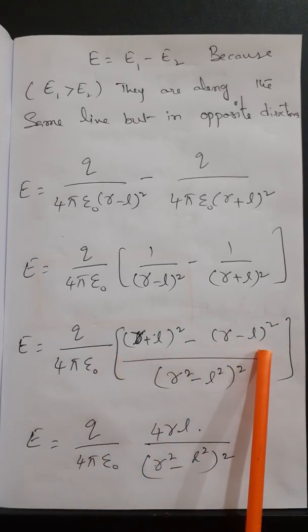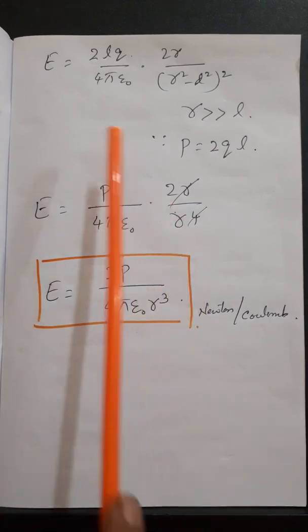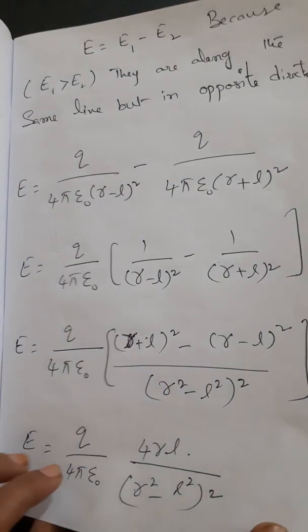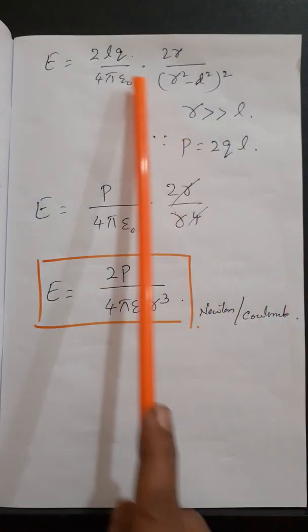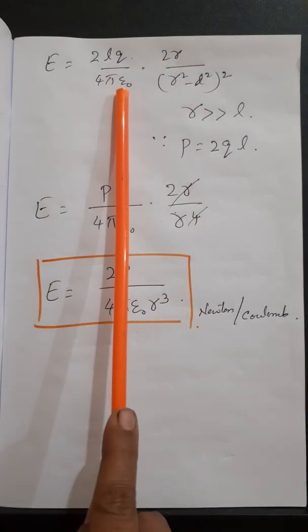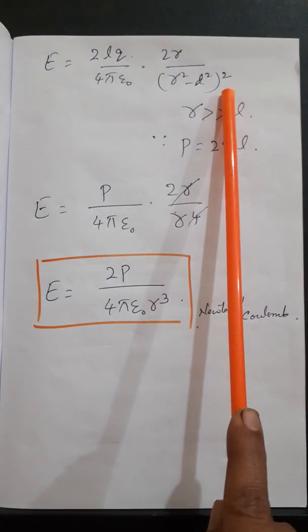If you simplify this equation, we will get 4RL by R square minus L square whole square. Now E can be written as, from this total equation, 4RL, where I am writing 2 separately: 2LQ into 2R by 4 pi epsilon naught R square minus L square whole square.